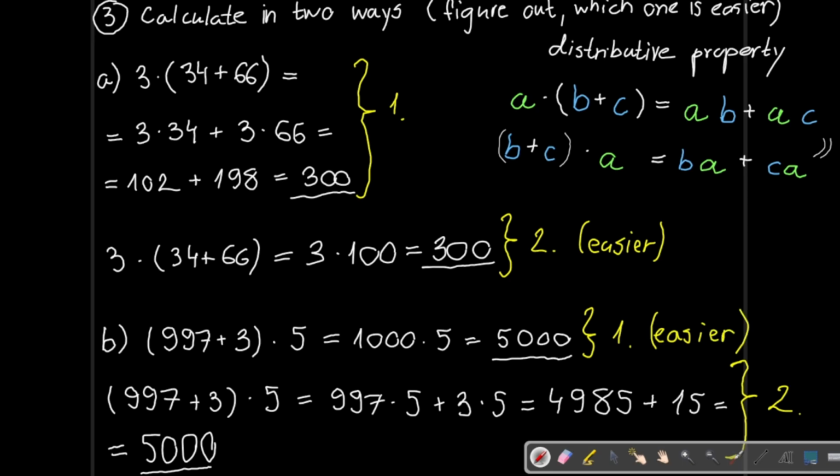It was shorter, and we can clearly see that this number right here gives us a multiple of 10. Alright, let's move on to the next example.